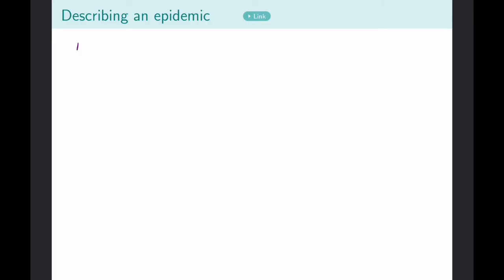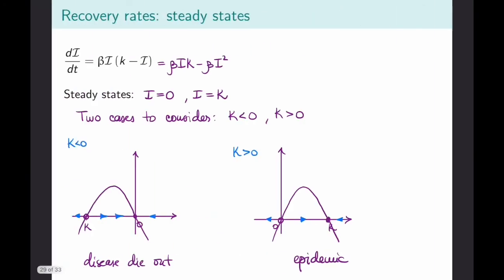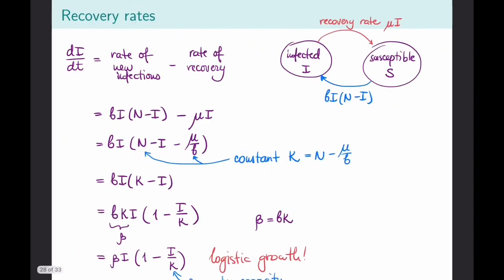What we're going to start with is recalling that the number K, the carrying capacity of the disease that we introduced while we were deriving the new logistic model here. Recall that we introduced this as n minus mu over b.